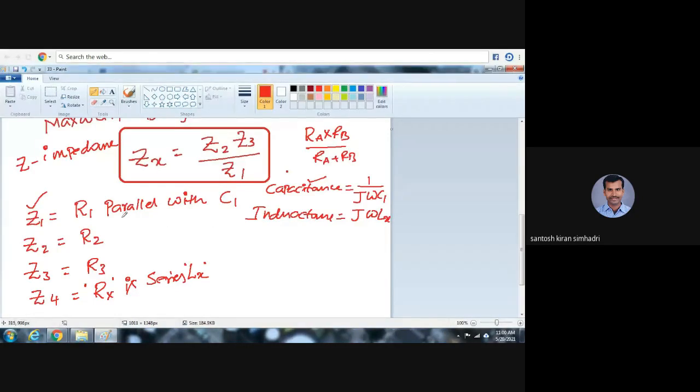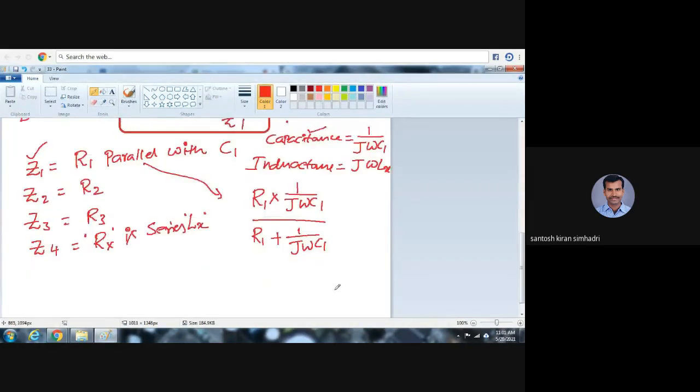The same phenomenon I have applied here. So R1 into 1 by j omega C1, divided by R1 plus 1 by j omega C1.